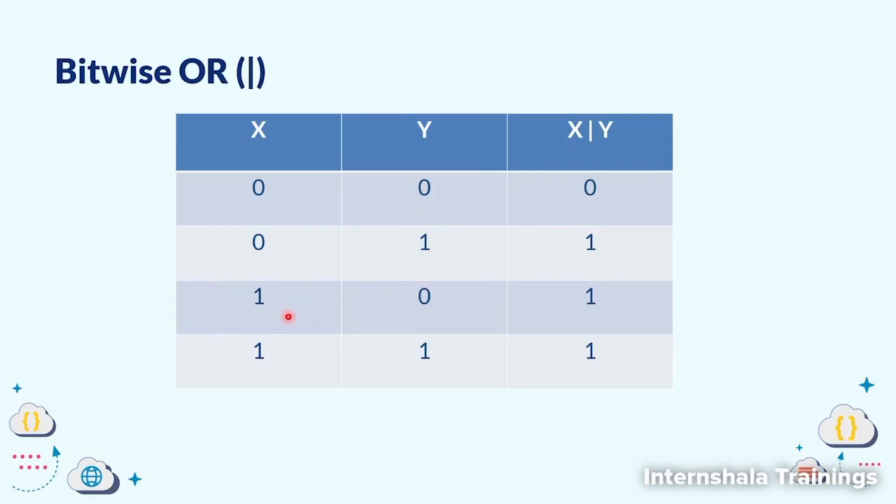If X bit is 1 and Y is 0, again the resultant bit is 1. If both the bits are 1, the resultant bit is 1. So we can conclude that if both the bits are 0, we will get the resultant bit as 0. But if any one bit is 1, we get the resultant bit as 1. And if both bits are 1, we will get the resultant bit as 1. So this is how bitwise OR operation works.